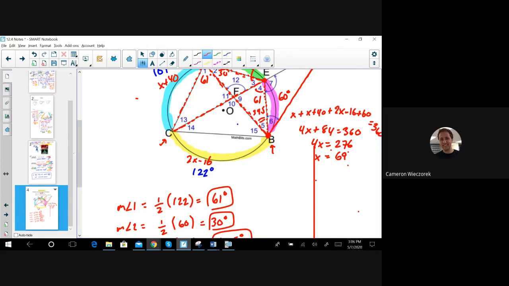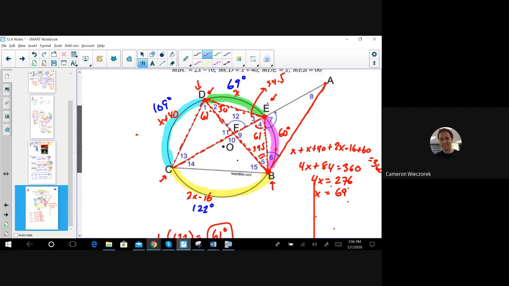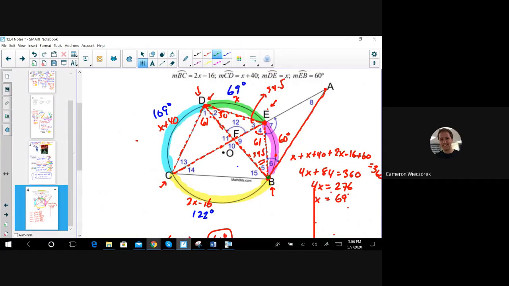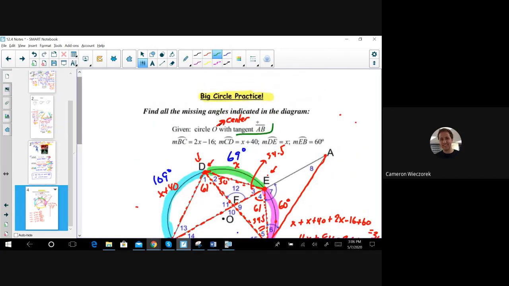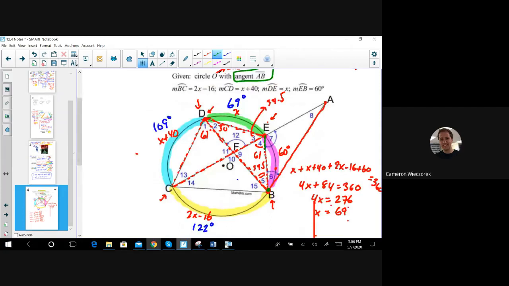Okay. Let's look at angle 6. Angle 6, right here. This one is not inscribed, but the vertex is still on the circle, and it's made up of a tangent, and I know it's tangent because the problem told me tangent AB, and it's made up of a chord. Do that in green. EB is the chord. A tangent chord angle follows the same rule as an inscribed angle.